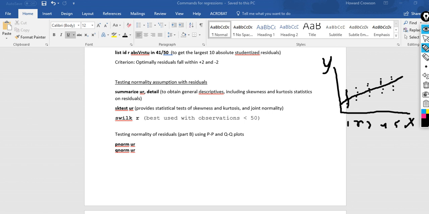The distributions we're assuming for the residuals are normal, and these distributions are conditional on the value of x. So at each value of x, we have a normal distribution of the residuals. And, like I said before, we also assume that those distributions have equal variances. But nevertheless, we're mainly focusing on the issue of normality.